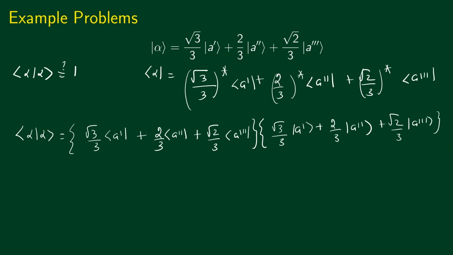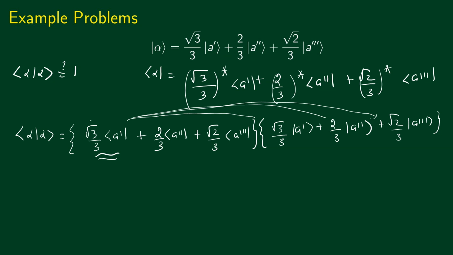What we need to do now is take each bra from the first bracket and combine it with every ket here. So let's first take the first term, root 3 by 3 bra A prime.